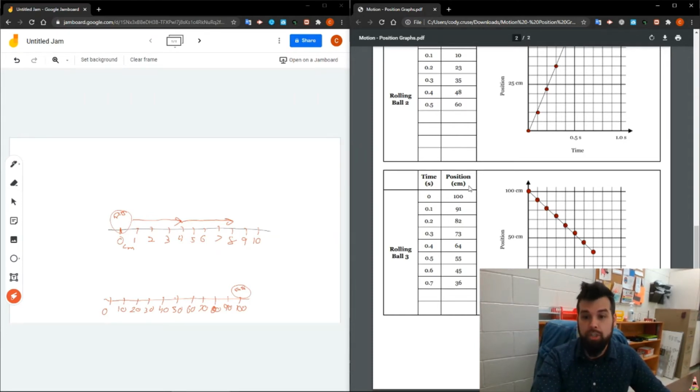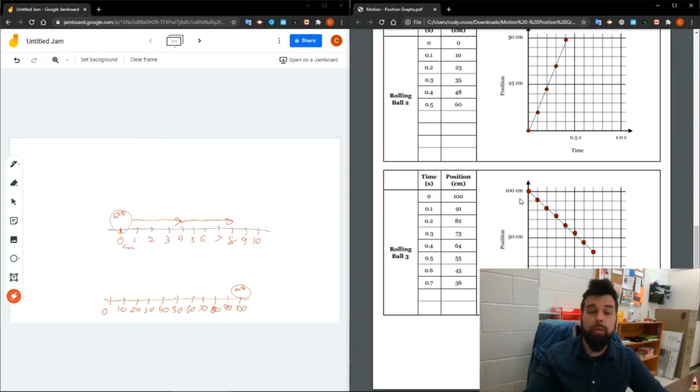It's at that position now. So even though we've moved forward in time, we're actually moving what we would call backwards. We're decreasing our position back towards 0. So what that looks like is we can draw an arrow down to about there. It didn't move far, but it moved.